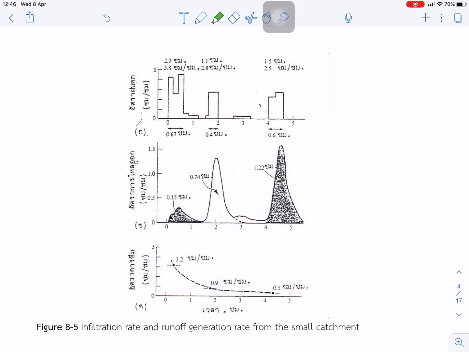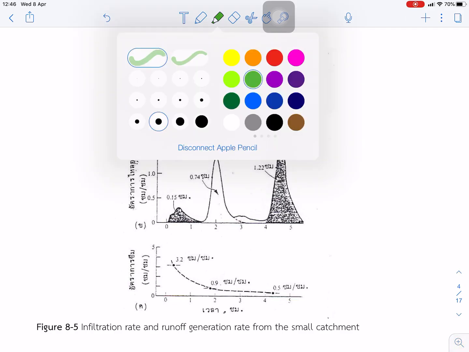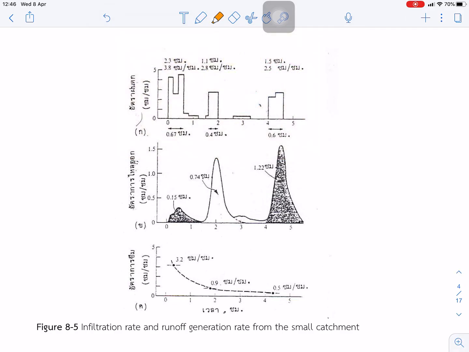This figure shows the relationship between the rainfall. The top one is rainfall with time, the rainfall intensity.